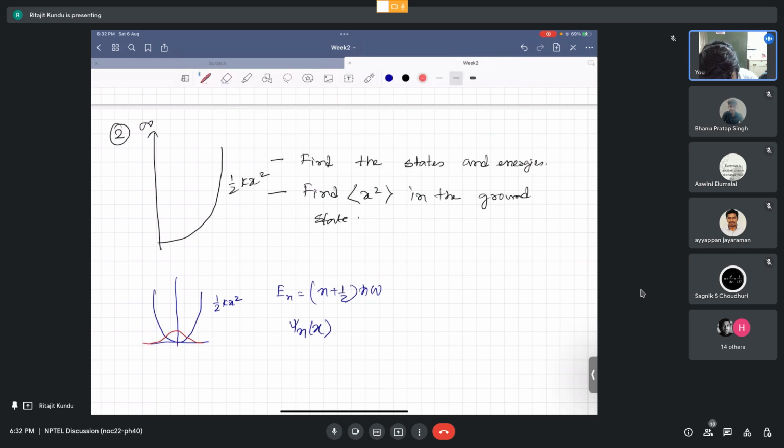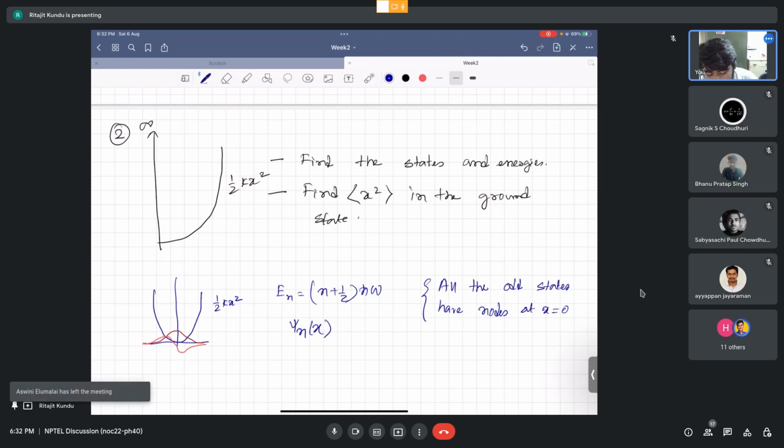You will notice that all the odd states have nodes at x is equal to 0, and all of the even states have no node at x is equal to 0.